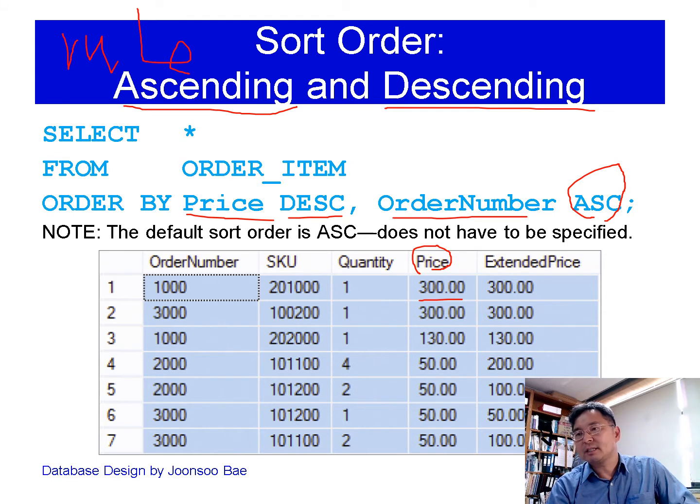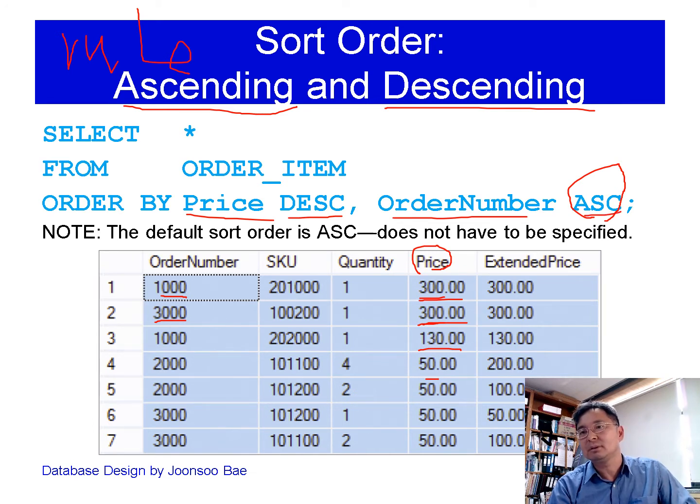300 is the maximum value in price, so 300, then 130, then 50, 50, 50, 50. It keeps the ordering rules well here. If the price is the same 300, then the second criteria is order number, 1000, 3000, in ascending, increasing order.